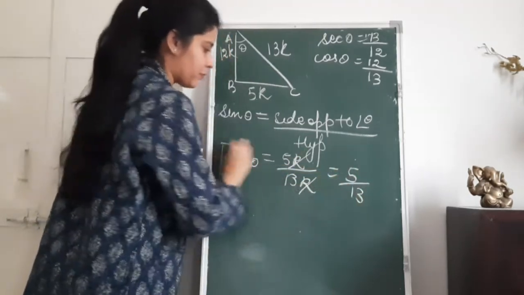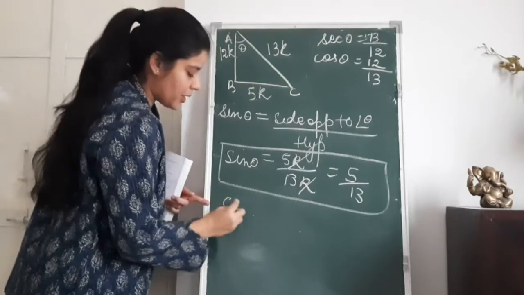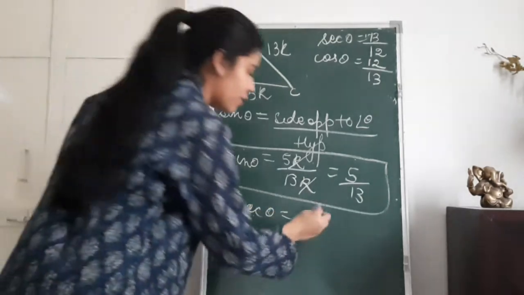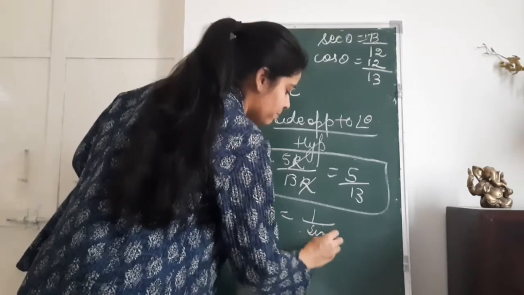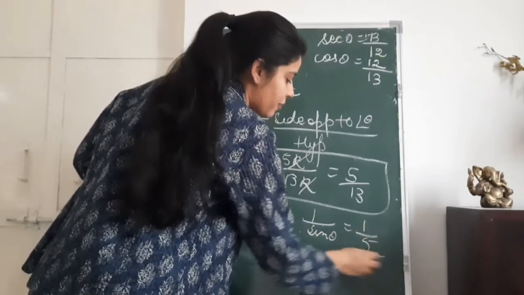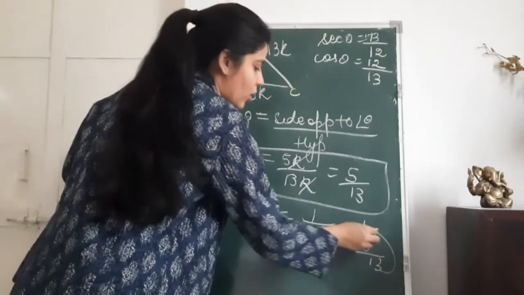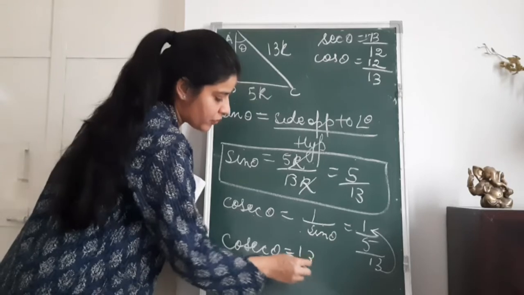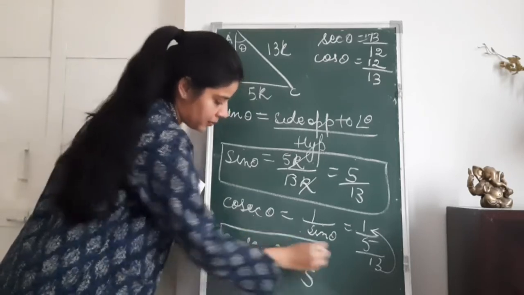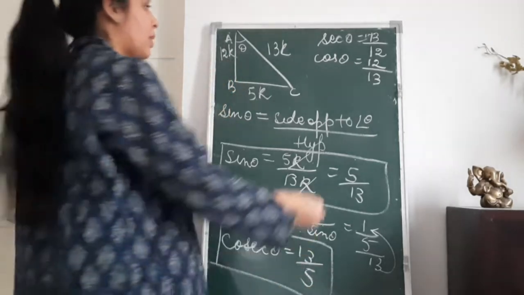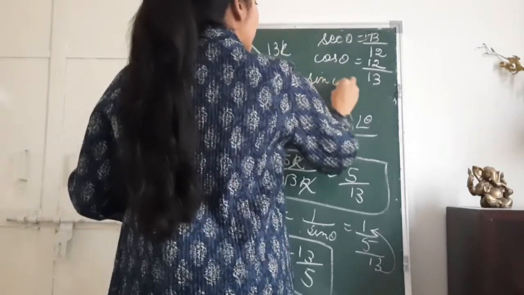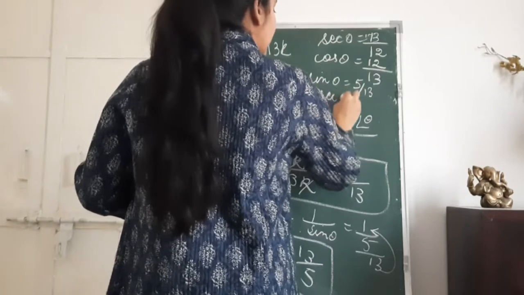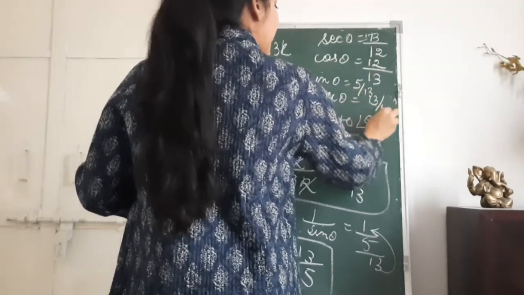Cosec theta is equal to 1 upon sin theta, that is 1 upon 5 by 13, so cosec theta is equal to 13 by 5.